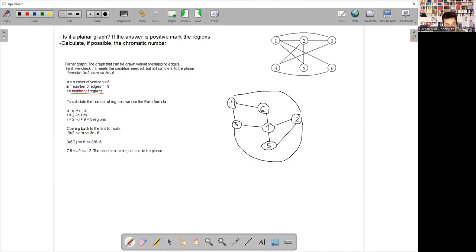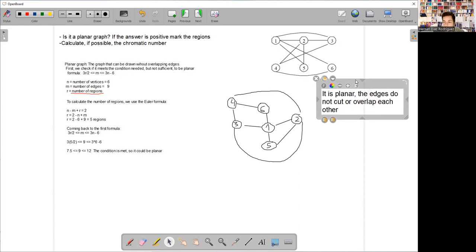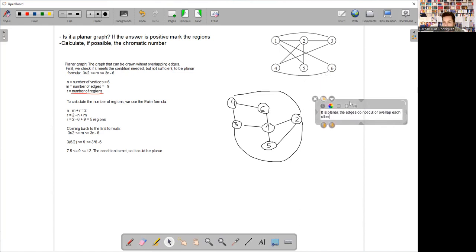Okay, so as you can see, it is planar, right? It is planar. The edges do not cut or overlap each other. And then we are going to draw the regions. So for instance, let's draw it in blue. This could be the first region.